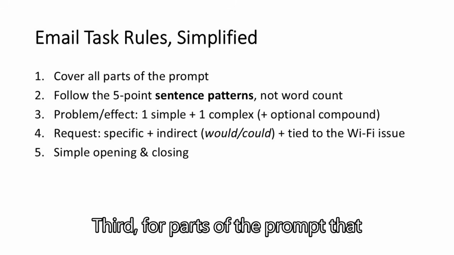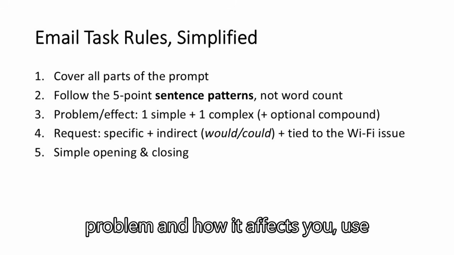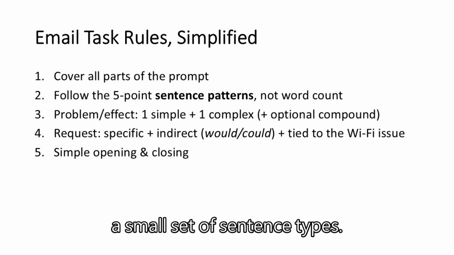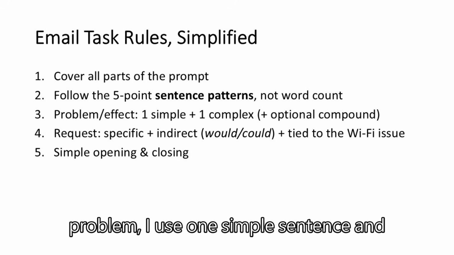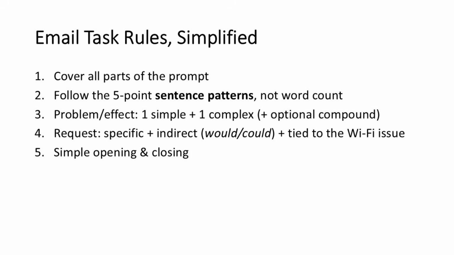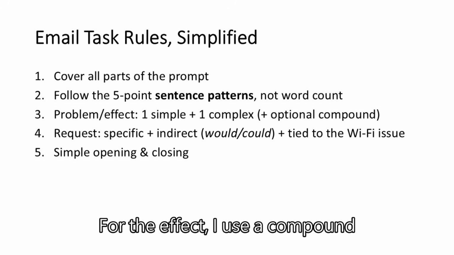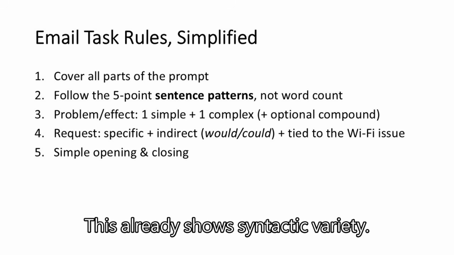Third, for parts of the prompt that describe a situation or effect, for example, problem and how it affects you, use a small set of sentence types. In my 5-point example for the problem, I use one simple sentence and one complex sentence with a fronted subordinate conjunction. For the effect, I use a compound sentence. This already shows syntactic variety.